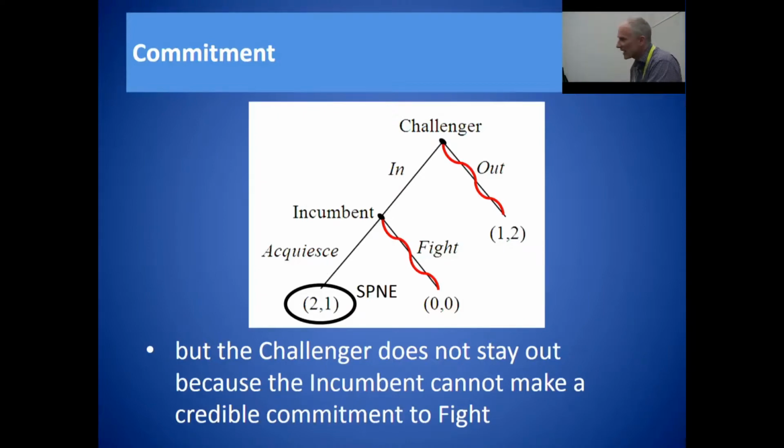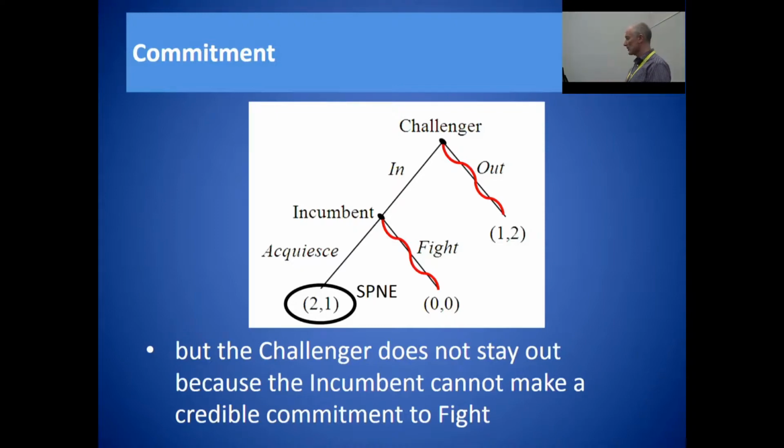It's what we said before. That threat, that commitment, isn't credible. Because as soon as market entry occurs, and the incumbent has the choice to acquiesce or fight, what does he do? He acquiesces. Doesn't matter what he says, that commitment to fight is not credible.